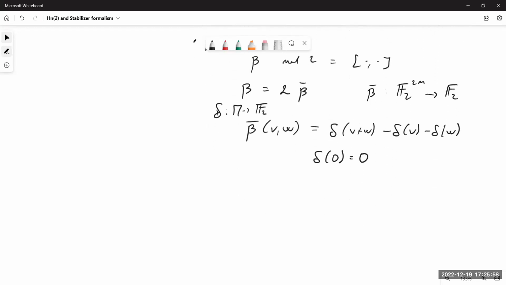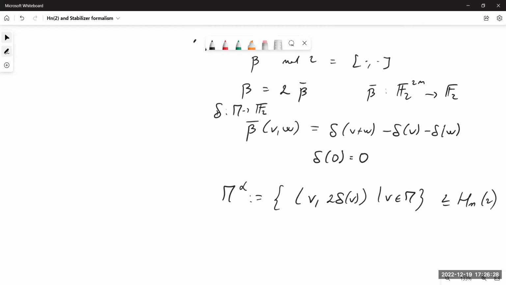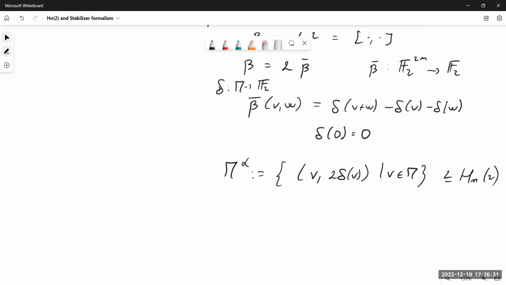Now you have that the set M_alpha that is defined as the set of couples (v, 2 delta(v)) with v in M, times 0, is basically a subgroup of the Heisenberg group in the even case too. And it is abelian.